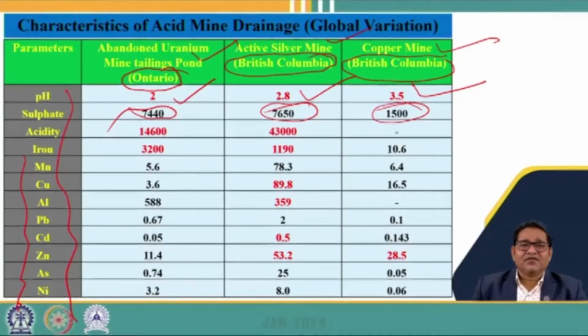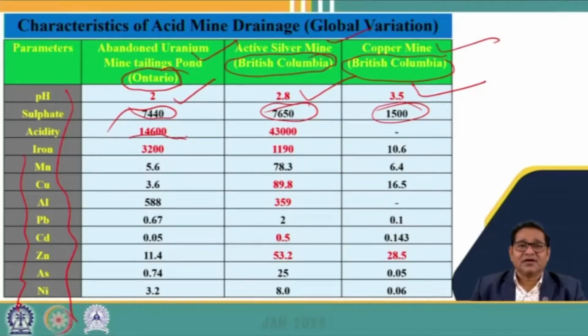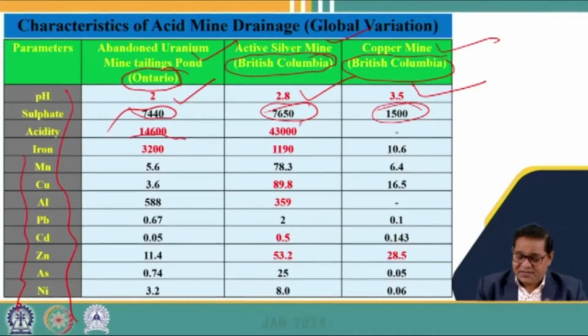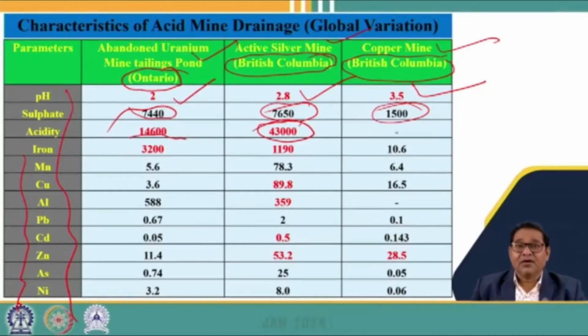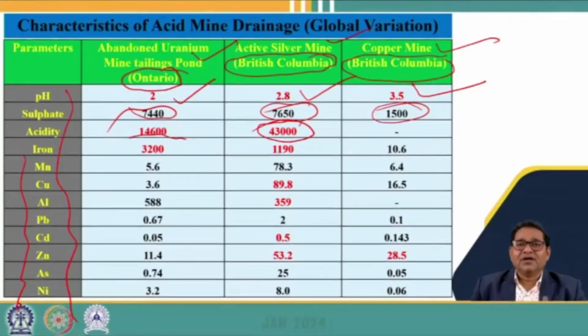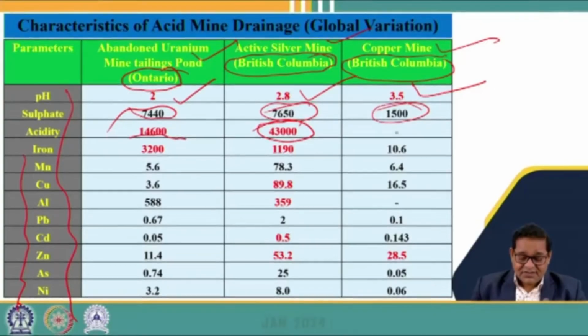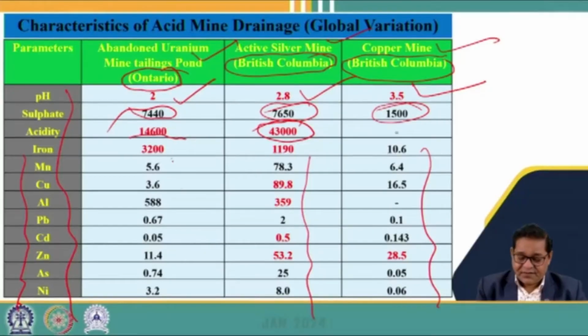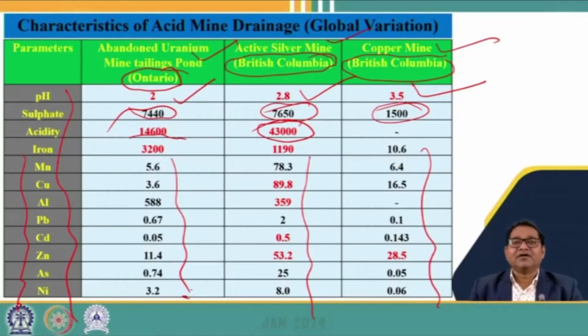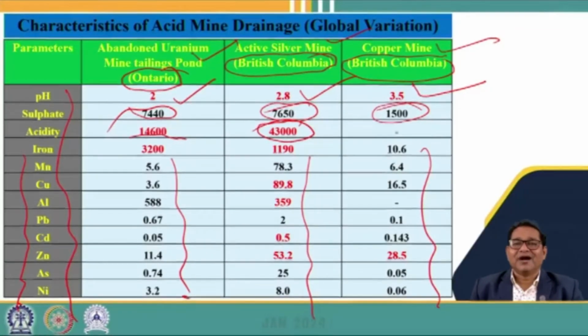And in terms of acidity, if we see, acidity is around 14,600 milligram per liter. In this British Columbia silver mine, there is around 43,000 milligram per liter of acidity. And similarly, there is a lot of fluctuation, variation in the metal content found in the different mines.